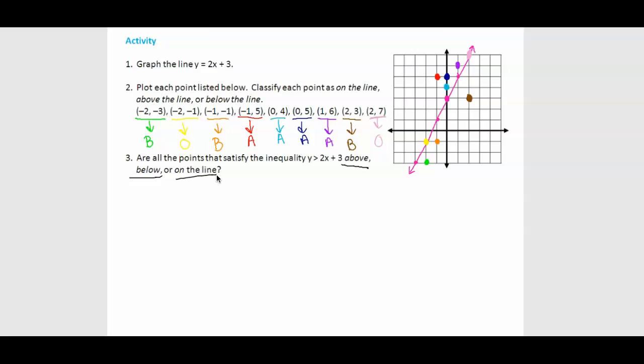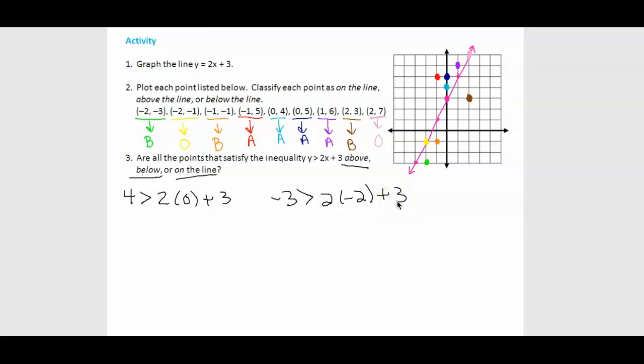So a point that is above is like 0, 4. So 0 is x, y is 4. So that's like 4 greater than 2 times 0 plus 3. A point below the line is -2, -3. So that's -3 greater than 2 times -2 plus 3.